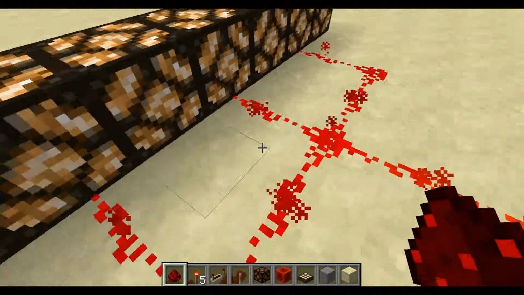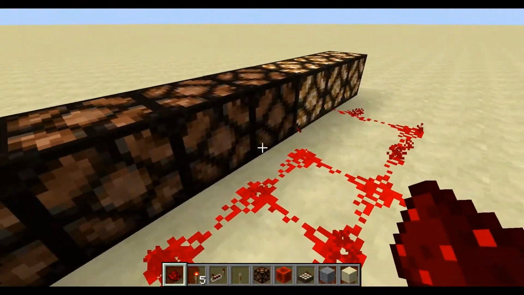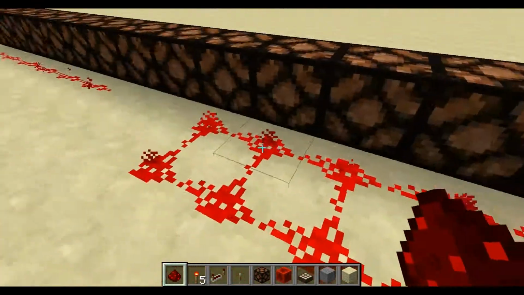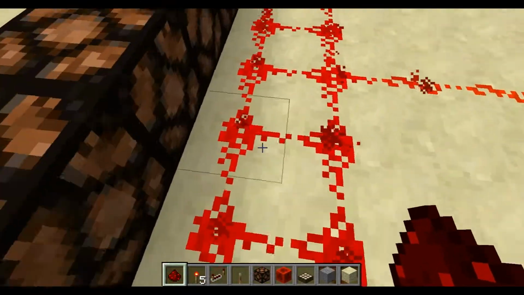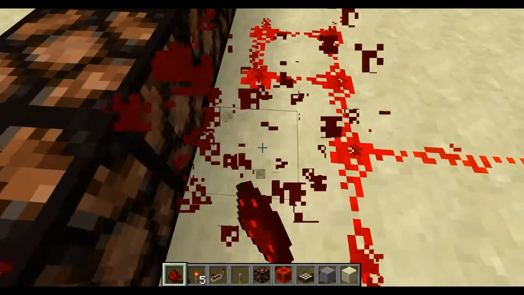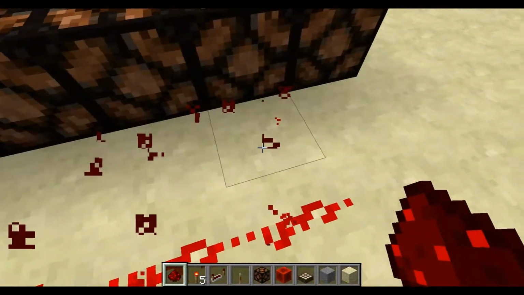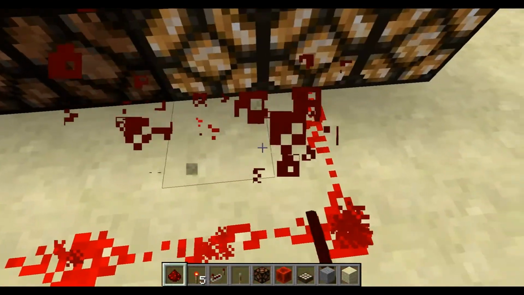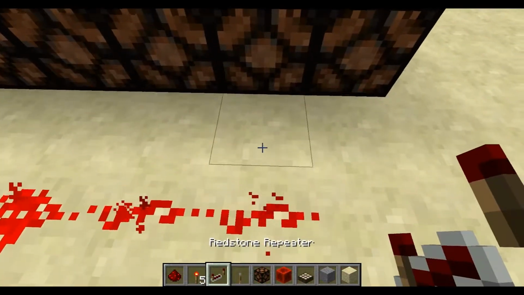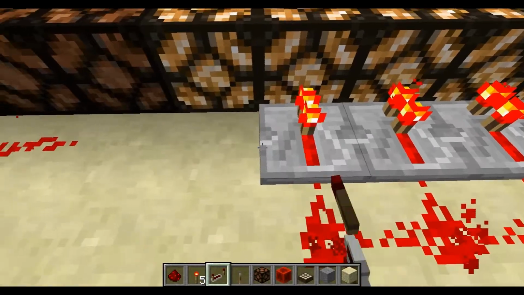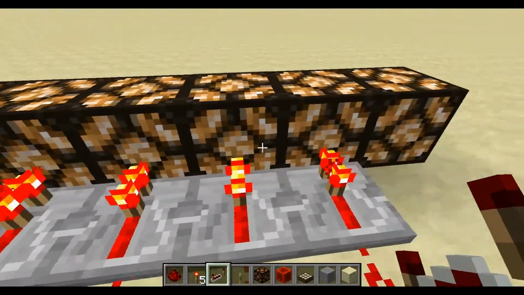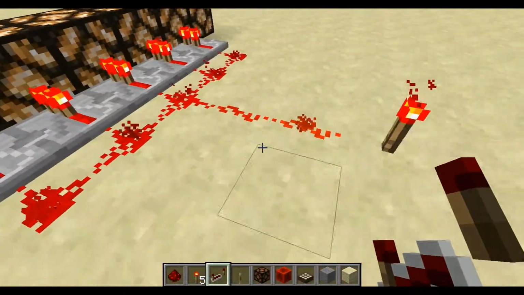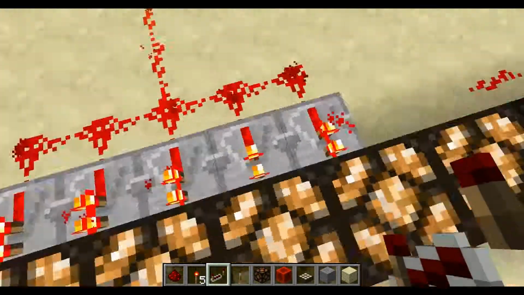If I were to have them all in line like that, it would deactivate them because they don't want to connect to anything except for itself. So what you can do, if you need to put redstone next to each other but still want to power something, is you can use these repeaters, and every one of them standing right next to each other will still power blocks, which is convenient. So that's something you need to know.